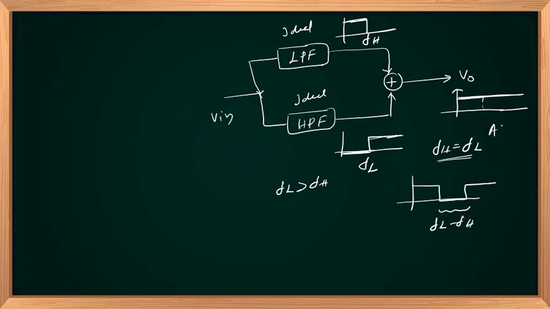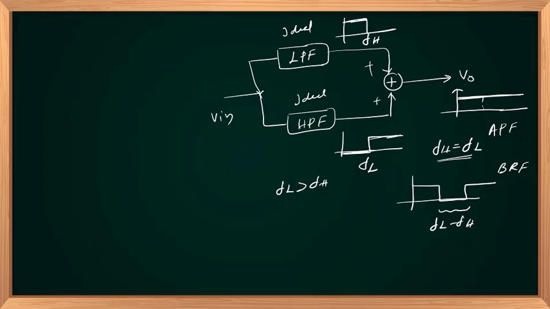So this is an all pass filter. This is a band reject filter, if you are adding these two. So different kinds of filters can be implemented by adding or subtracting the responses of low pass as well as high pass filters.